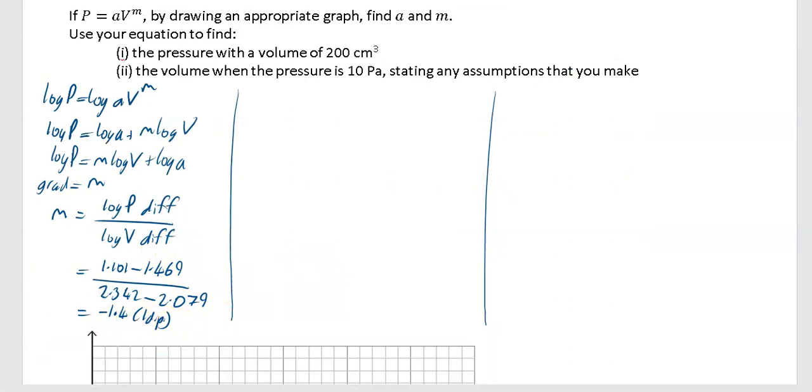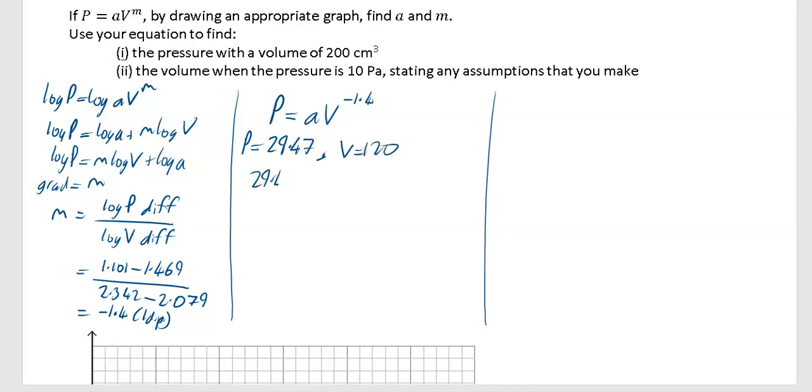Once you find an unknown, rewrite it. So I'm going to put it into the original equation, which was P is equal to AV to the power of now minus 1.4. And I'm going to pick one of my points. P was equal to 29.47 and V was equal to 120. So just fill that in.